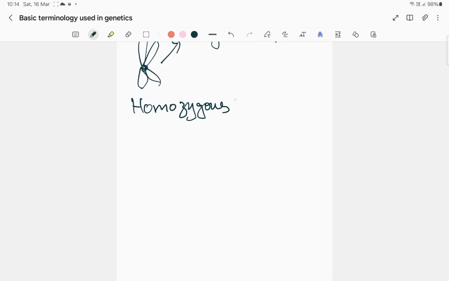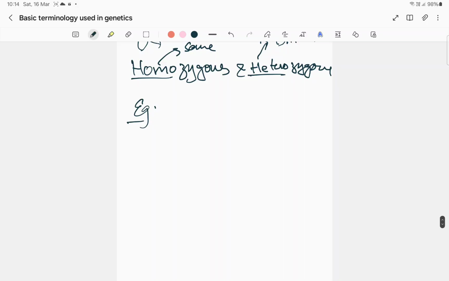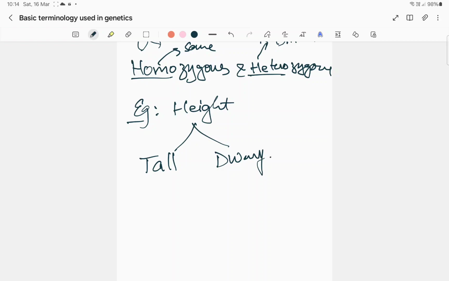And homozygous and heterozygous. As the name says it all, homo means same, hetero means different. Example, height of a plant. Height is of two types, right? Tall, dwarf, right?